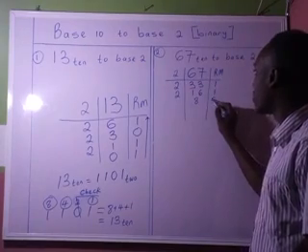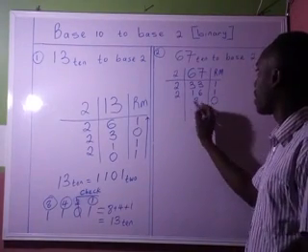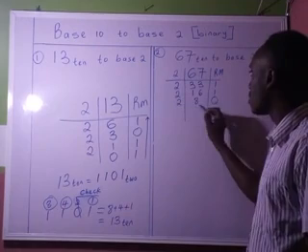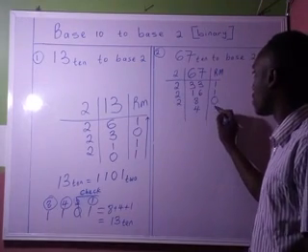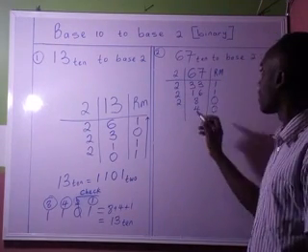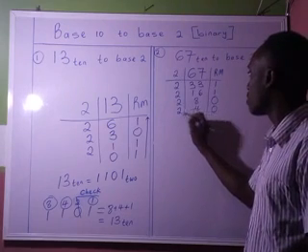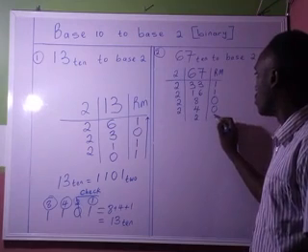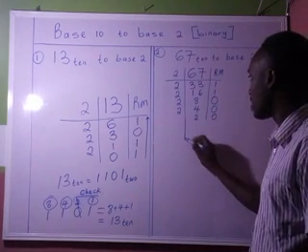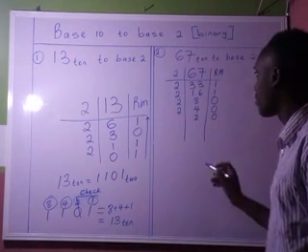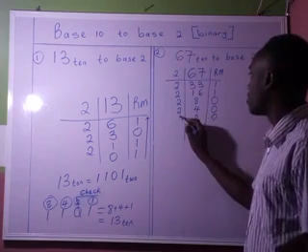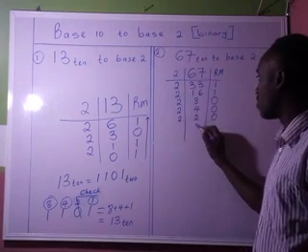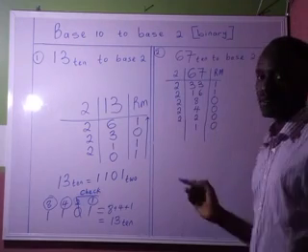This time around we have no remainder. 8 divided by 2, that will be 4, of course, no remainder again. 4 divided by 2, that will give us 2, also no remainder. So let's extend this. Again, this 2 divided by 2, that will be 1 without remainder.